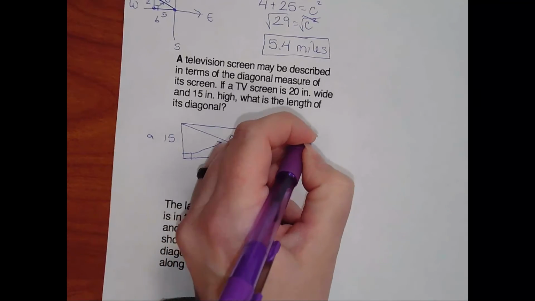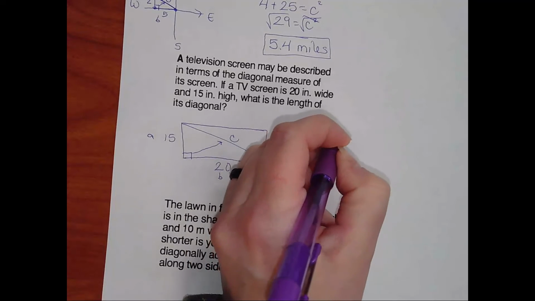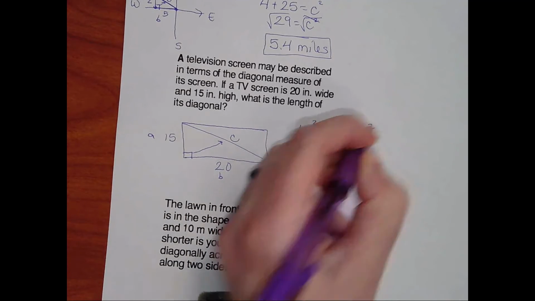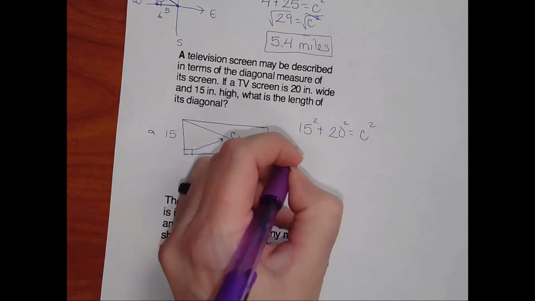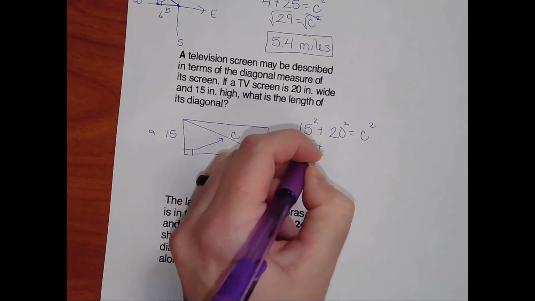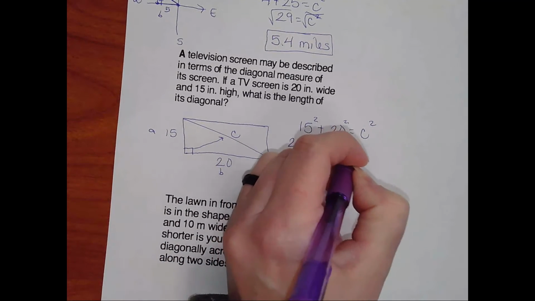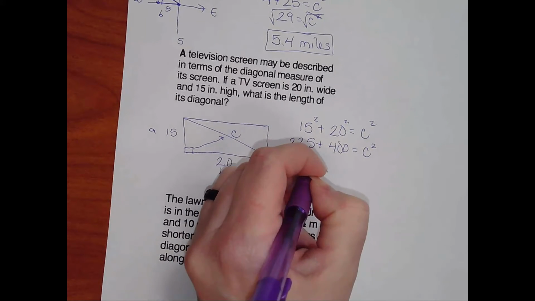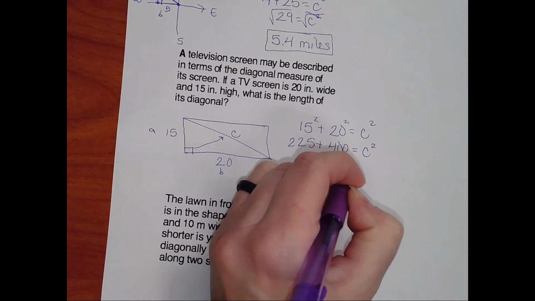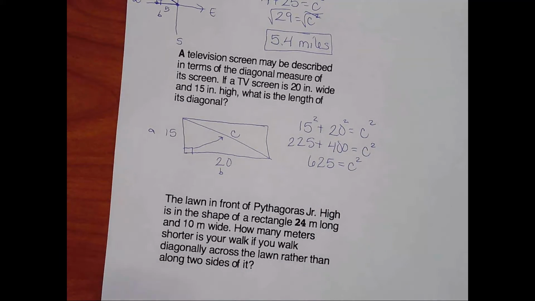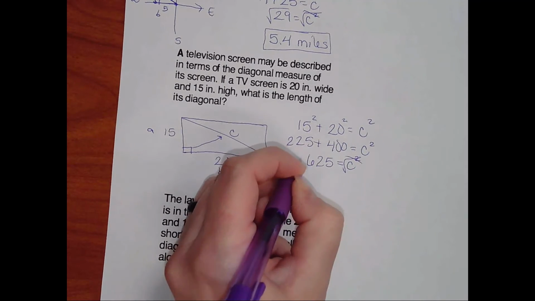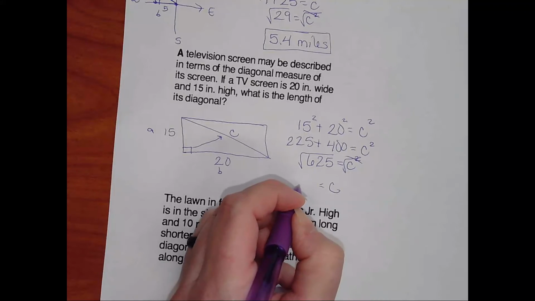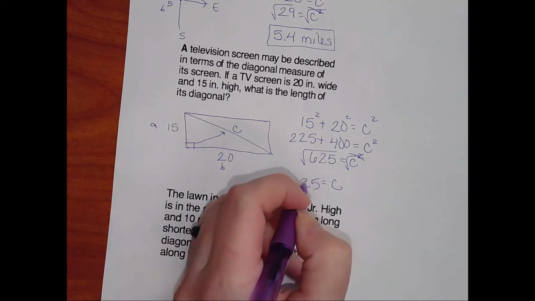So we do 15 squared plus 20 squared equals C squared. 15 squared is 225. 20 squared is 400, and that equals C squared. Add those two together and you get 625 equals C squared. And then you're going to take the square root, and you find that the diagonal is 25, or you could say 25 inches, something like that.